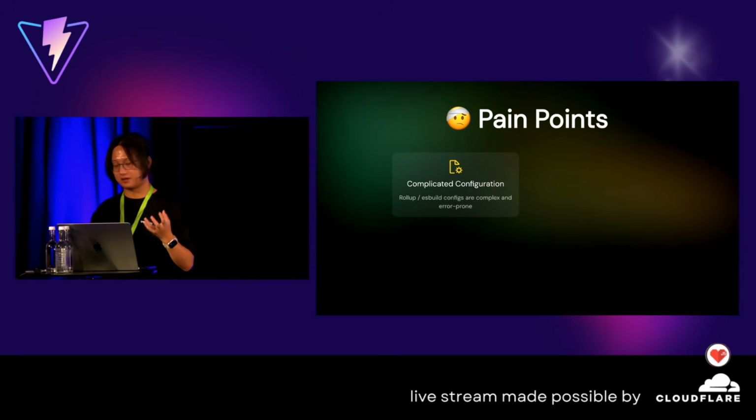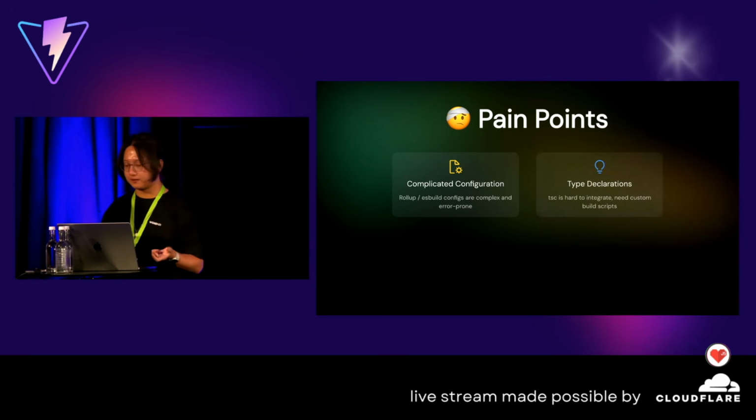Tools like Rollup are plugin based, so you often have to set up a bunch of plugins just to get a complete bundling workflow. And plugins can sometimes conflict with each other. ESBuild and tsup are simpler, but they are not as feature rich as Rollup and don't have its powerful plugin ecosystem.